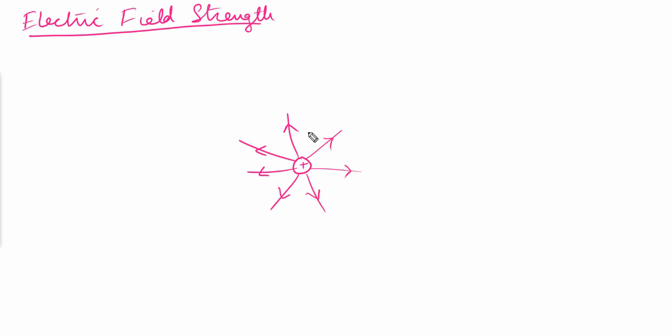If we put a test charge over here, normally the test charge is positive, so it will exert a force of repulsion onto this charge. In order to find out the magnitude of that force of repulsion, we'll use Coulomb's law. But to find out the electric field strength at that particular point, we will use the concept of electric field strength.